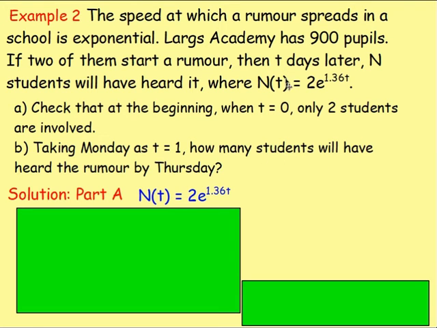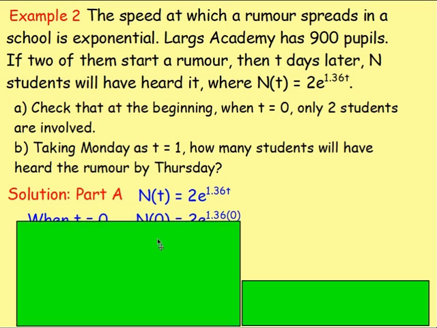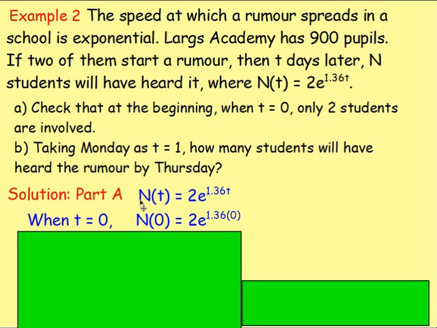First of all, we're told n in terms of t, the number of students after so many days, equals 2e to the power of 1.36 times t, the number of days. For part A, at the start we know t equals 0. So when t equals 0, we could work out n at 0. We replace t with 0 on the right hand side, so we'd have 2e to the power of 1.36 times 0.